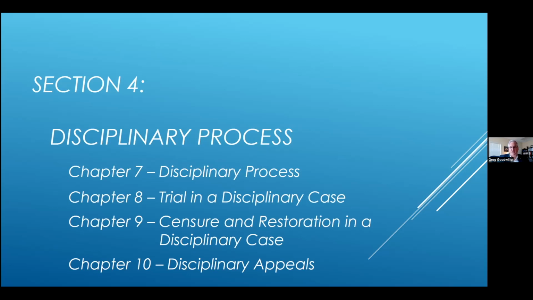And the final one is disciplinary appeals, which are very similar to how it worked in remedial. The new chapter is the chapter on censure and restoration, because if there is a finding of guilt, then there has to be a censure applied to it. And those are all defined in chapter 9. So chapters 7, 8, 9, and 10 are the disciplinary process.